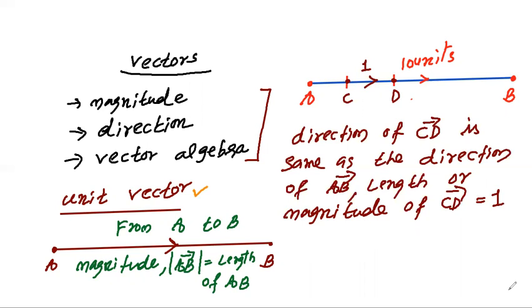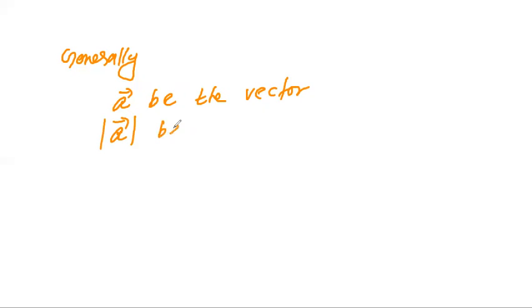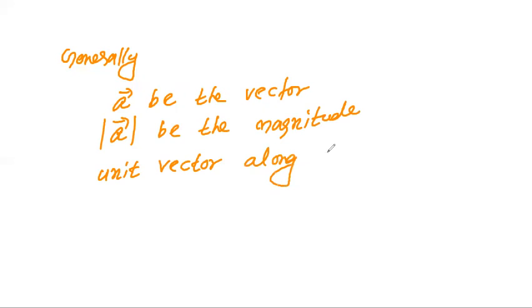Okay. So generally speaking, listen here. Let A be the vector. We are representing a vector as vector A. We know that the modulus of A is the magnitude, or the length of that vector. And the unit vector, all of you listen here, along the given vector A is denoted by a cap.